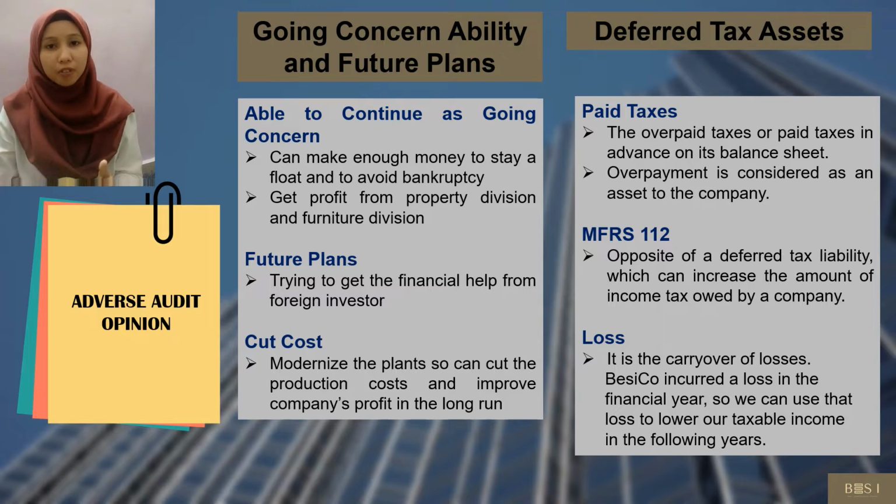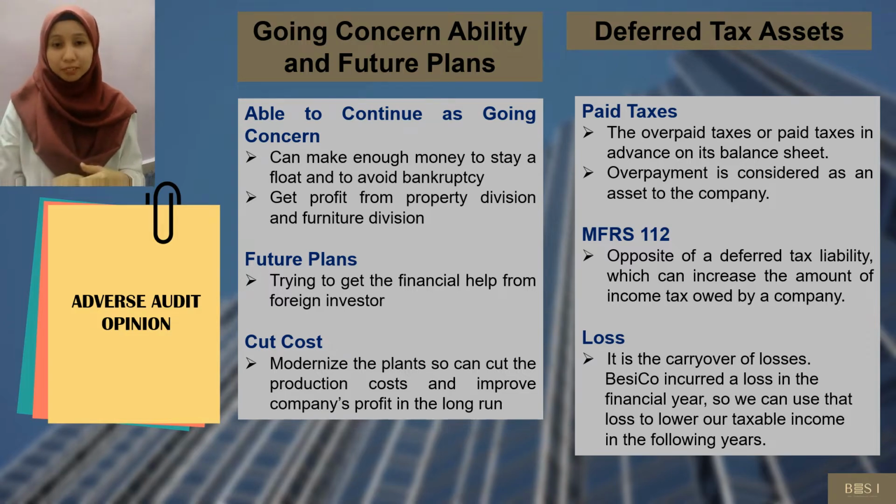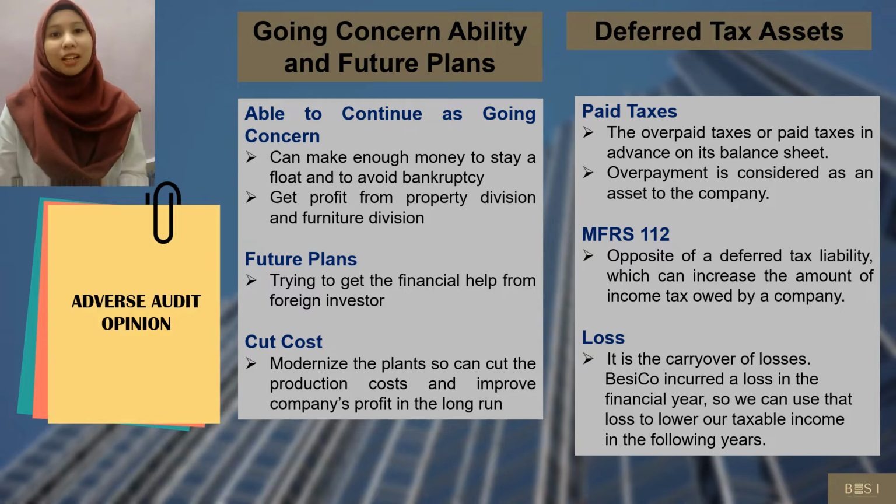And in MFRS 112 it is stated that it is the opposite of a deferred tax liability, which can increase the amount of income tax owed by a company. For the loss, it is the carryover of loss. Besi incurred a loss in the financial year, so we can use that loss to lower our taxable income in the following years.